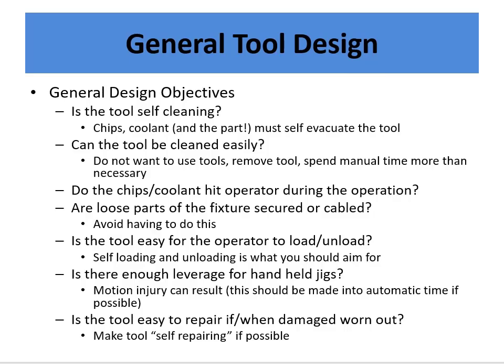Okay, another list of things to consider is the tool self-cleaning. A simple way to think about this is, if you have some sort of fixture, and I'm just going to draw a real simple fixture here. So this is a fixture, and here's some plate, and let's say we bolt our workpiece down, and this is our workpiece here. WP is our workpiece. And then we have some sort of tool coming down here.